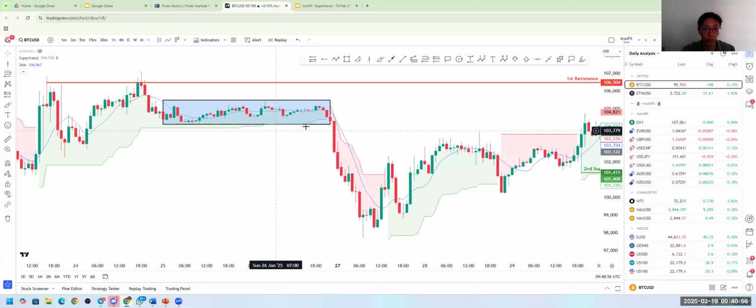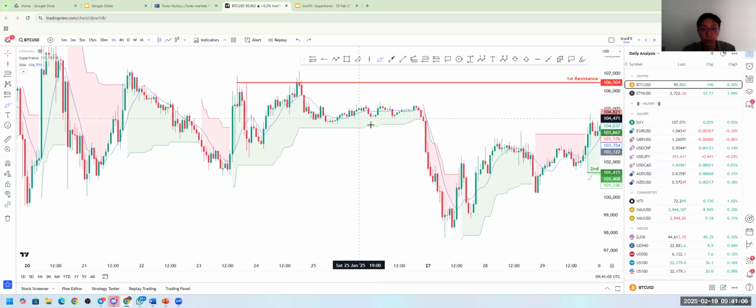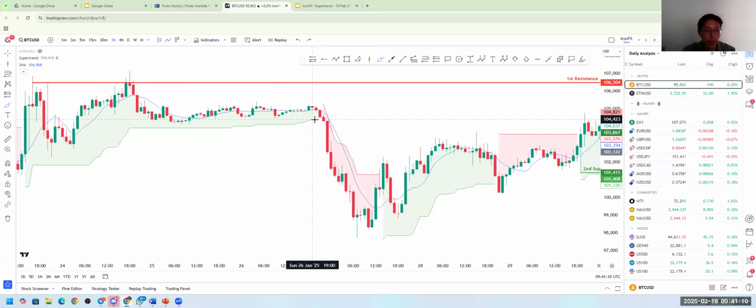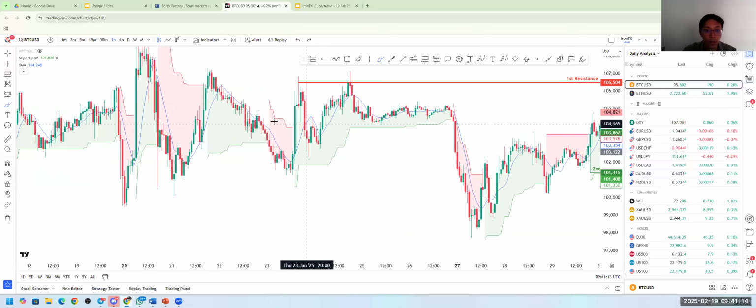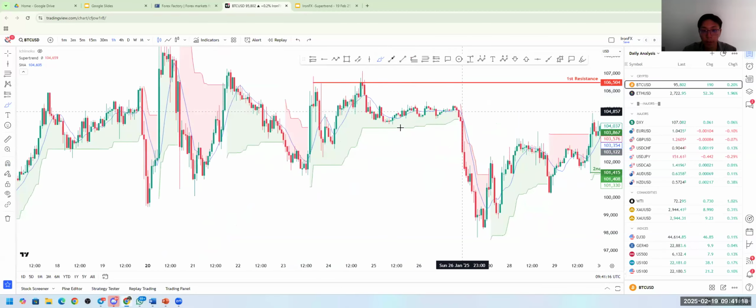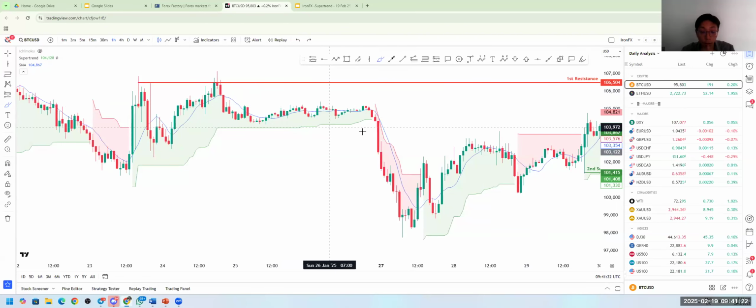Also, price has broken past the Supertrend green line. So we'll definitely have, not a reversal, but a breakout. In this case, it is a breakout, not a reversal, because previously there was no trend. This is just a breakout of this consolidation. So it is good also.